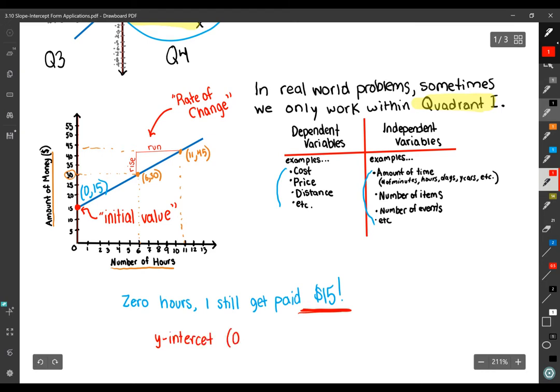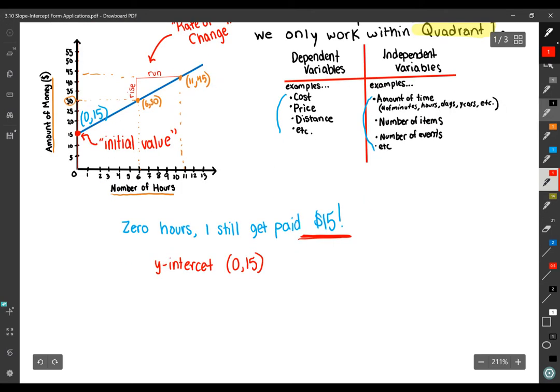occurs at 0, 15, but I spelled that wrong, sorry, intercept. Okay, it's the point (0, 15).